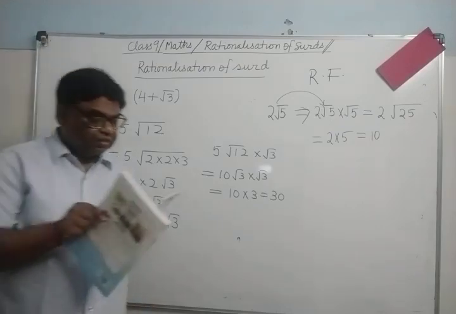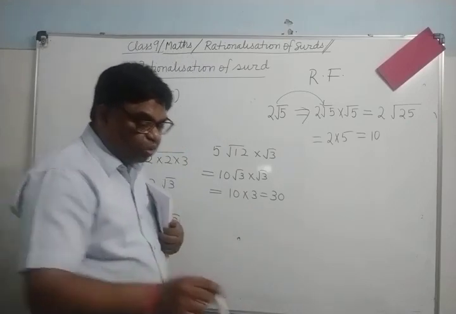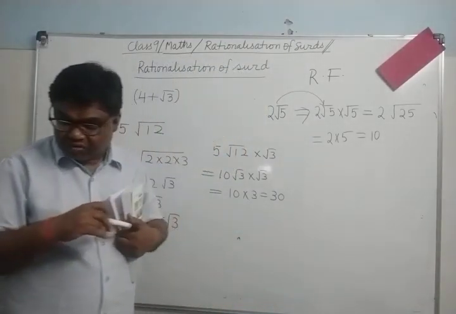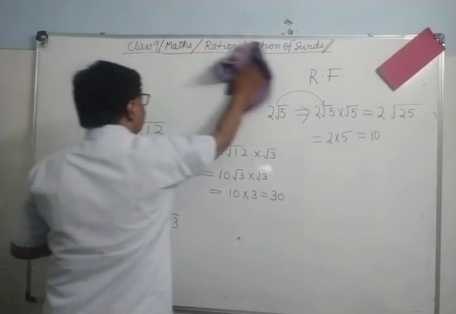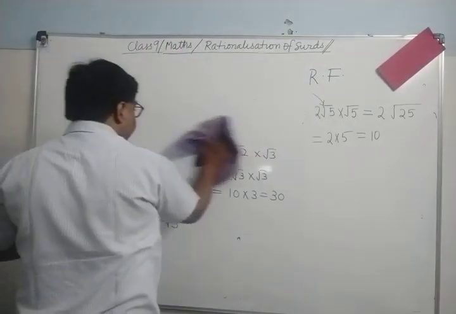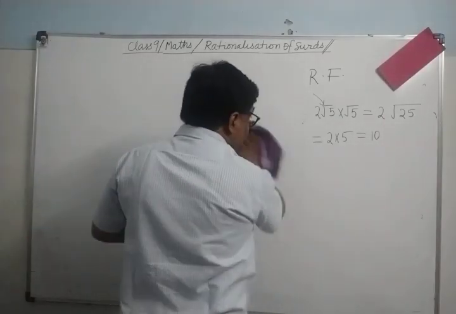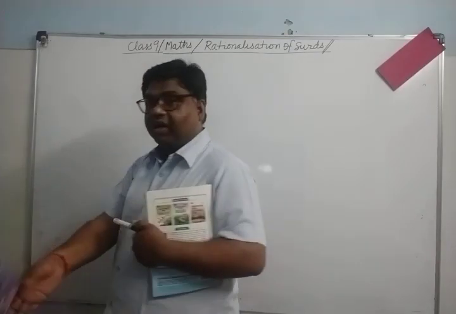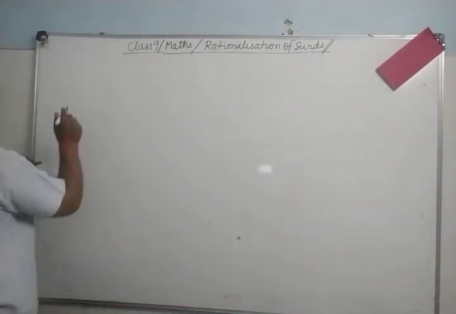Now you can see example 2, I am going to do. In that you have to rationalize the denominator. Rationalize the denominator means you have to convert the denominator into a rational number.